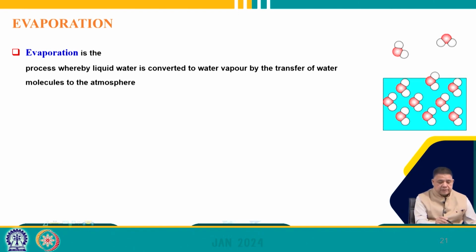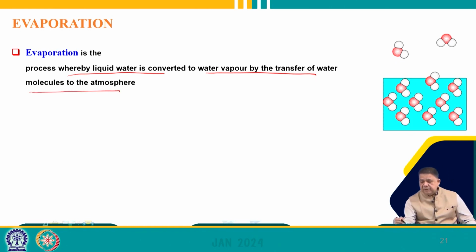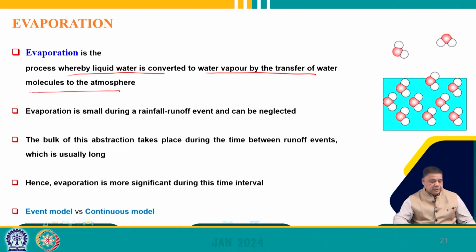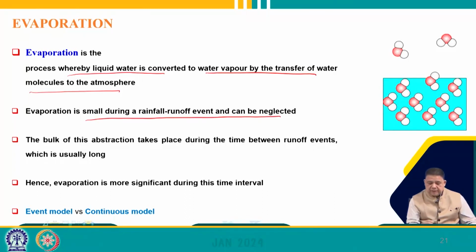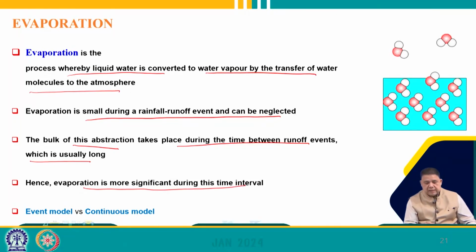Evaporation is the process whereby liquid water is converted to water vapor by transfer of water molecules to the atmosphere. So, basically because of the heat as well as the vapor pressure changes, this evaporation takes place. And it is small during the rainfall runoff event and can be neglected, and the bulk of this abstraction takes place during the time between runoff events, which is usually long, and hence evaporation is more significant during that time interval.